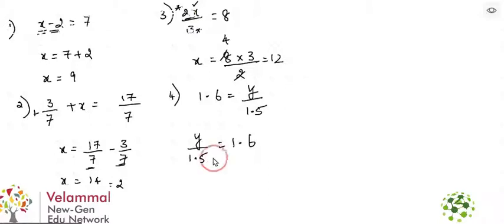I don't want 1.5 in the left hand side. It is in division. So it will go to the right hand side in multiplication. So what is 1.6 into 1.5? Without decimals you should multiply. It is 240 and you have two decimal places. So it is 2.40. You can even say it as 2.4 because zeros after the decimals do not have any value.